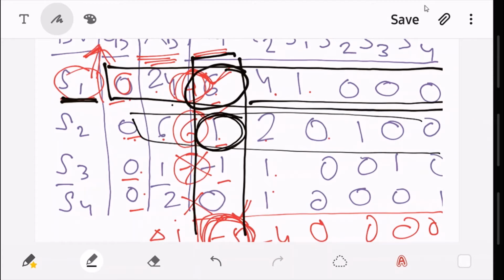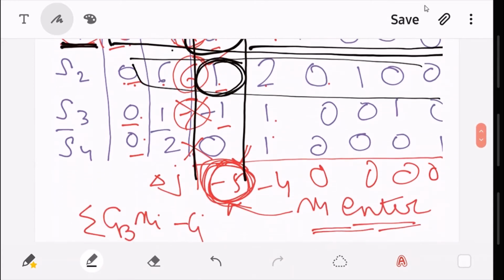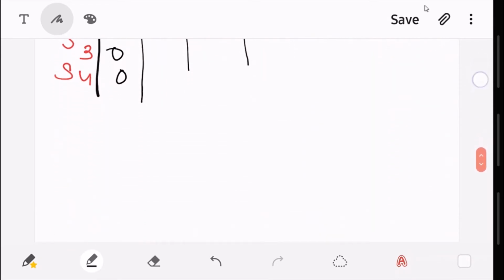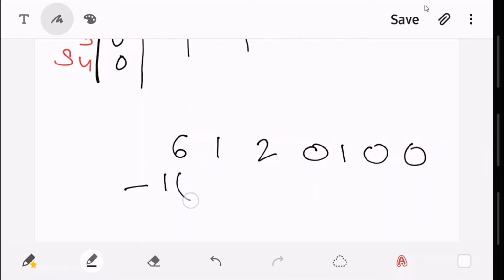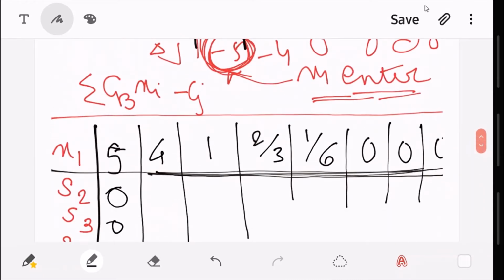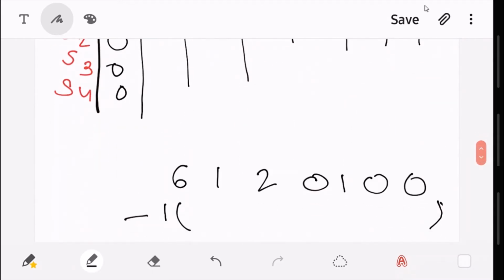That is, here we need to do 6, 1, 2, 0, 1, 0, 0 minus 1 into 4, 1, 2 by 3, 1 by 6, 0, 0, 0.